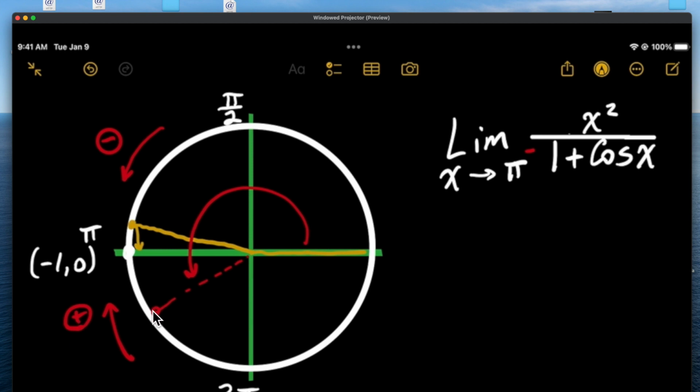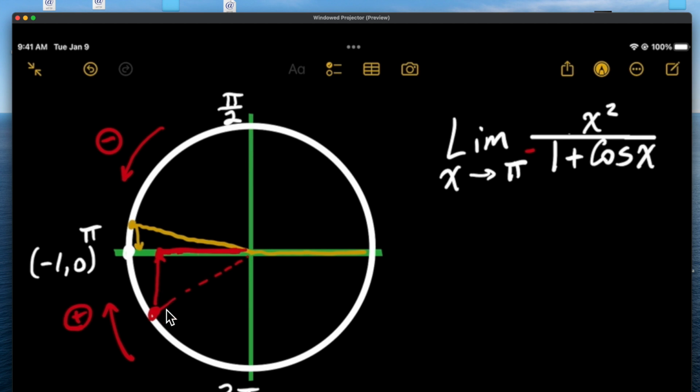All I'm interested in is what's happening to the x coordinate. Okay, so here, if you have this angle, we're talking about this x coordinate. That's the cosine of x. If this is the angle, the cosine of that angle is going to be that x coordinate. So here it's going to be about -0.7.